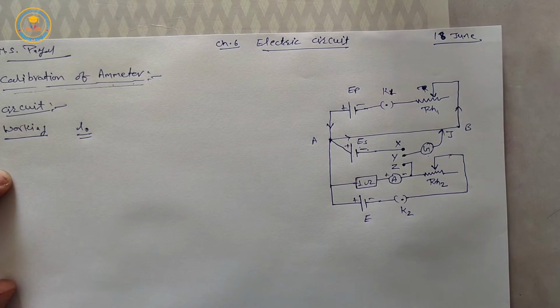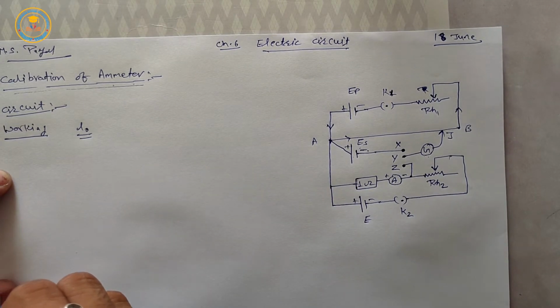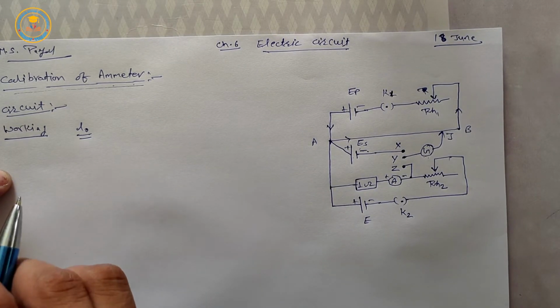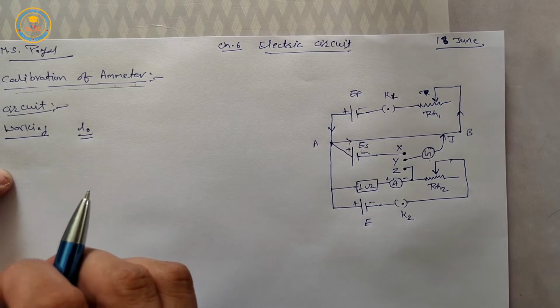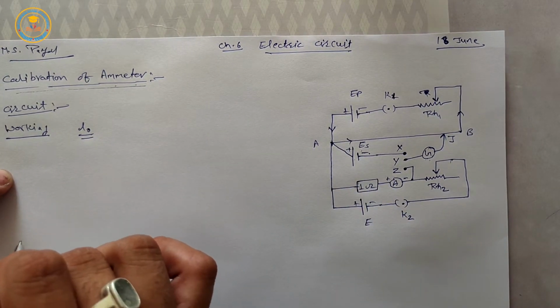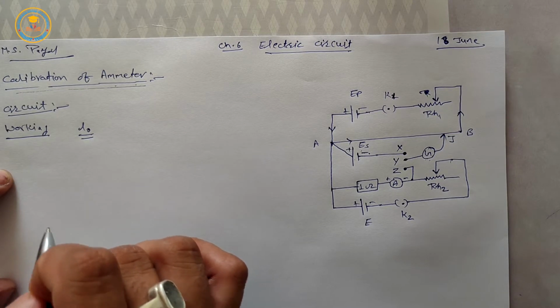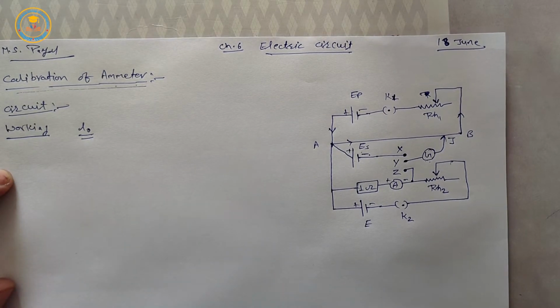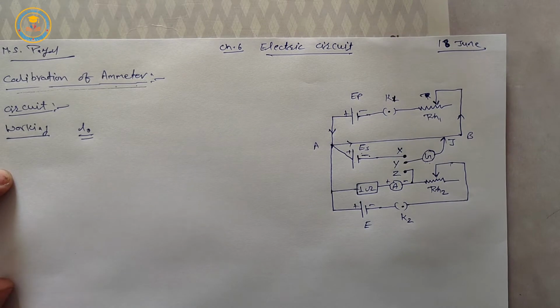Then according to the principle of potentiometer, what is the principle of potentiometer? In the zero deflection state, unknown EMF or unknown potential difference is equal to the known EMF or known potential difference.